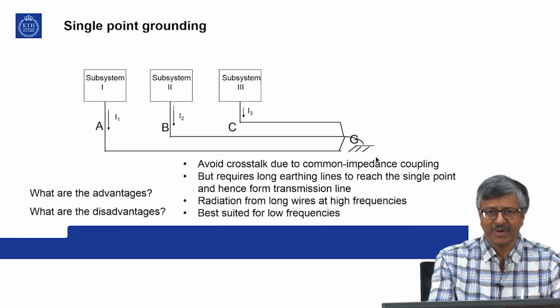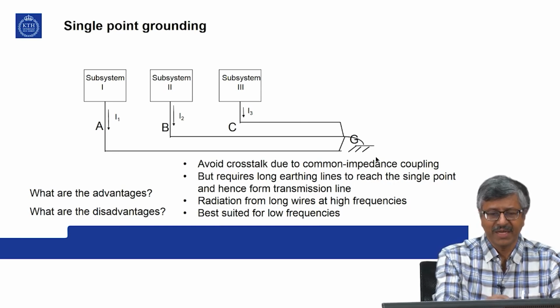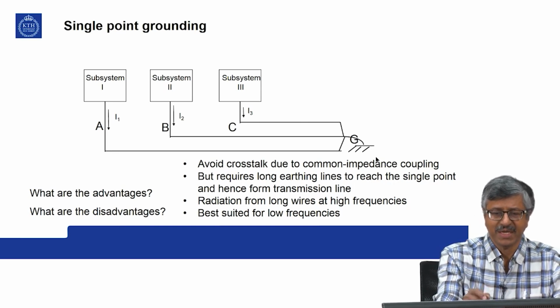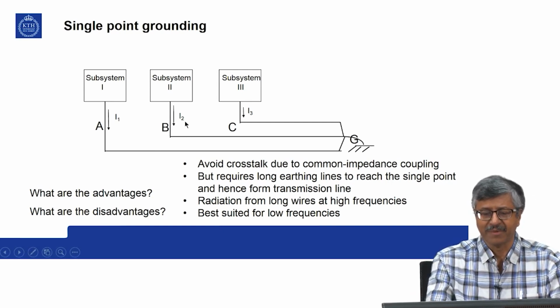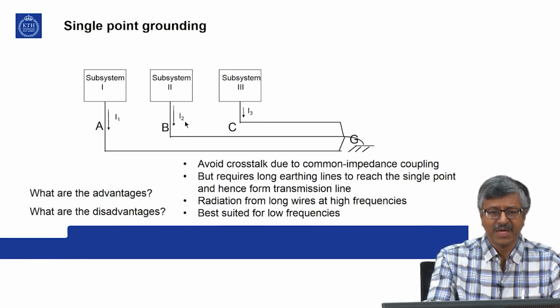When from different subsystems currents are sharing a common path, you have a resistive drop like voltage sag in a power line, and that will interfere with the other circuit. So there is no common impedance between these systems in the ground circuit. So you avoid common impedance coupling. That is one big advantage of single point grounding.